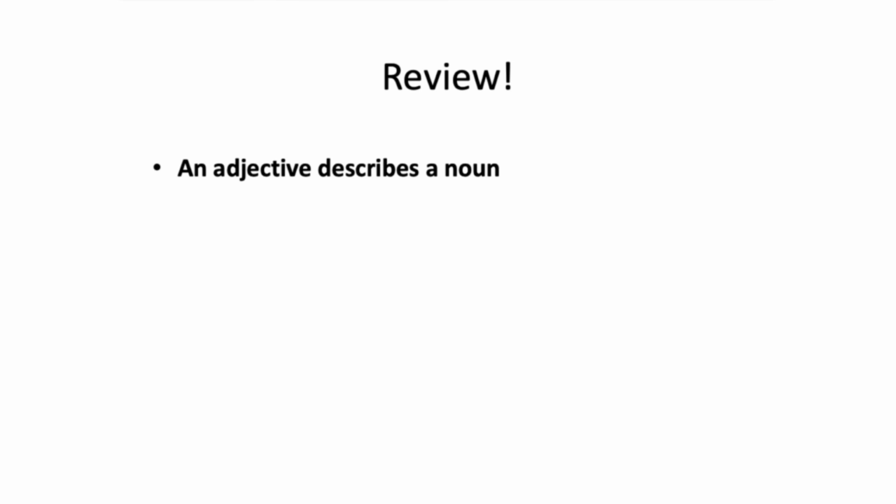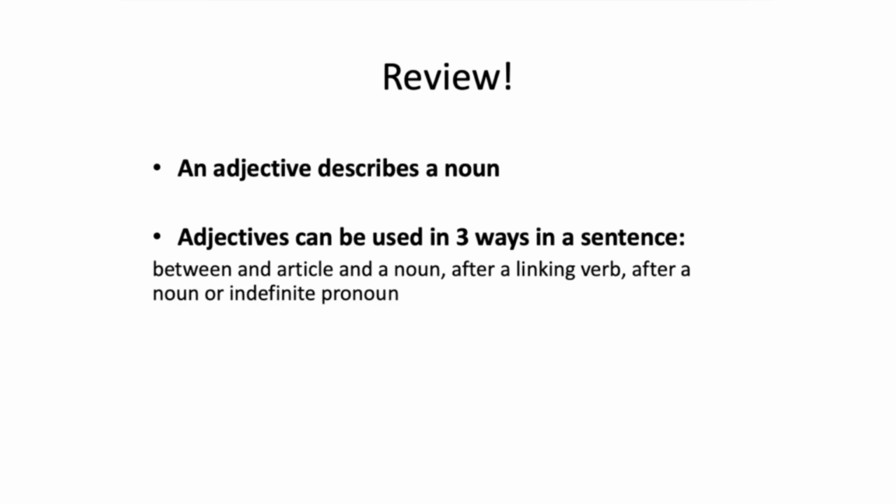Others you can create by adding a prefix or a suffix to either the adjective, noun, or verb. Adjectives can be used in 3 different ways in a sentence: between an article and a noun, after a linking verb, or after a noun or indefinite pronoun.